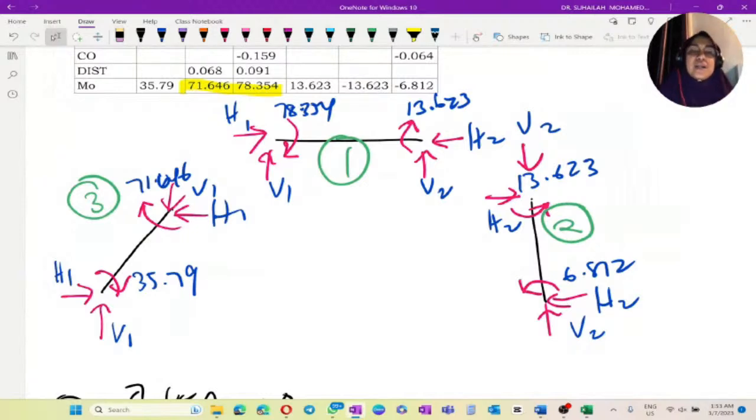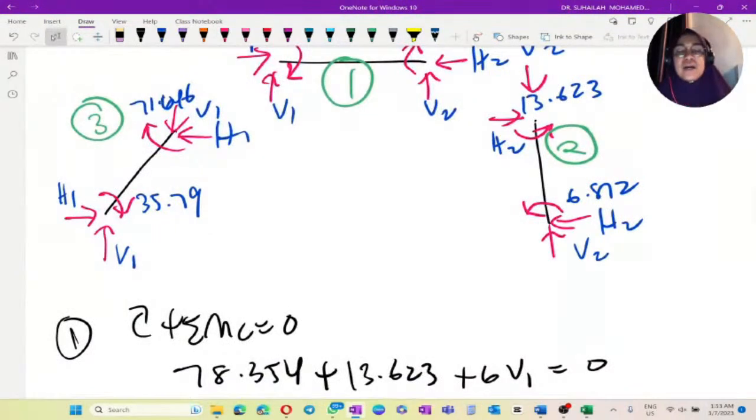So we calculate V1 and V2, then in step number 2 we calculate H2, and finally using the V1 value, we calculate H1.